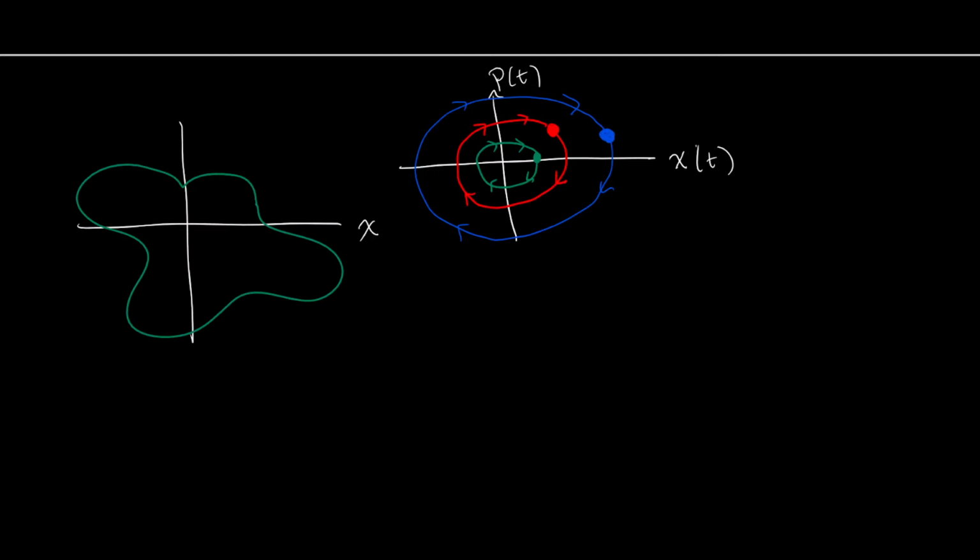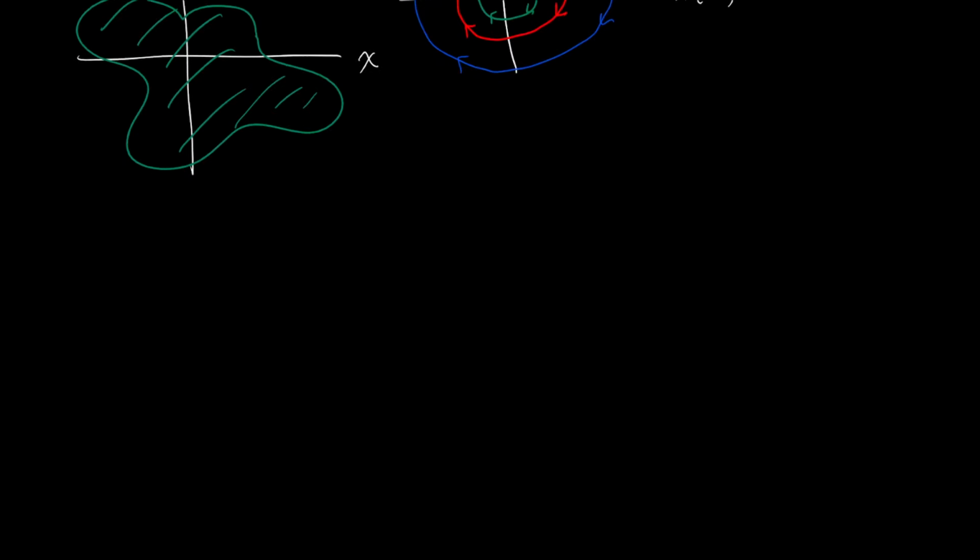So maybe we want to plot something which looks like this, and see how this entire blob in phase space evolves, instead of just a single point. Well, it turns out we can actually do that. And to demonstrate it, we'll go with an even simpler system.